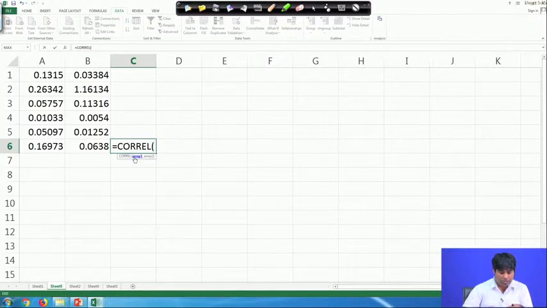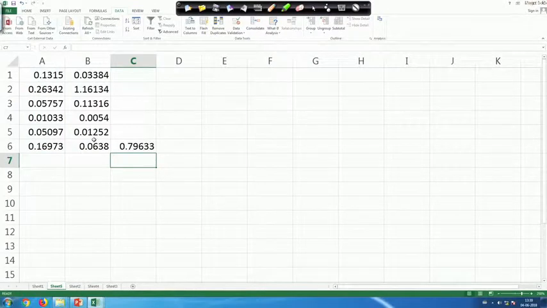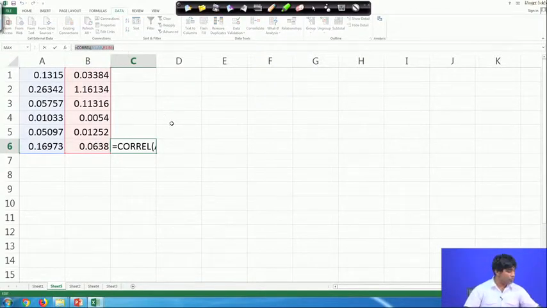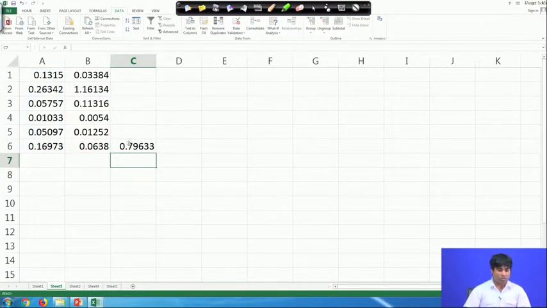Just click here, indicate the variable range, close the loop, and then press Enter. Yes, this is coming. So this is how the indication is clear cut. That means we are putting in the correlation formula. You just put an equal sign and give the command for the correlation.